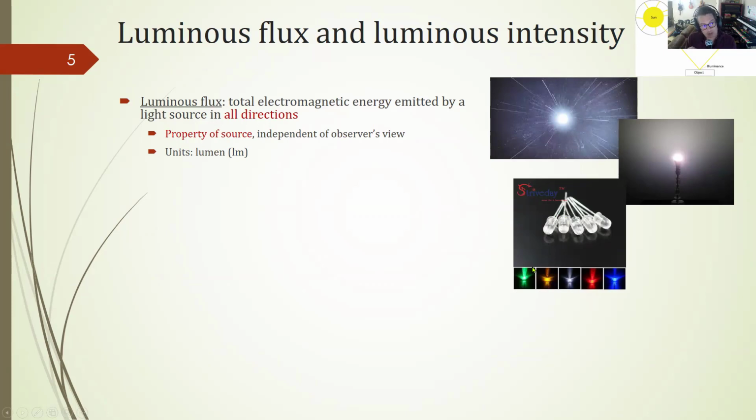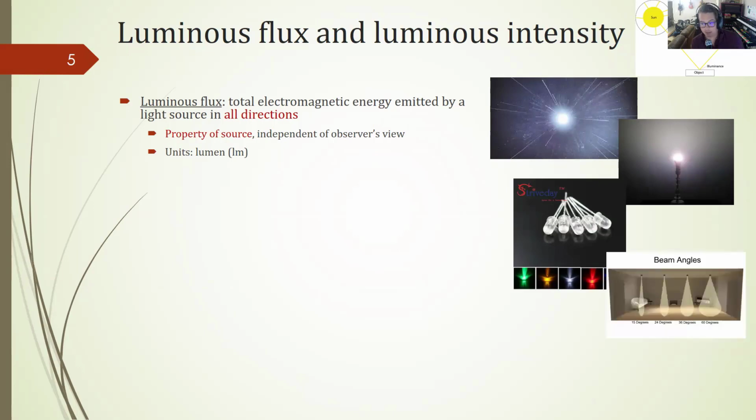So what I'm showing you here is basically the real world. We're pretty much always going to assume a sphere when we talk about things like luminous flux and luminous intensity, which is the next topic. We can have different beam angles for different light emitting sources. Now, total luminous flux. We'll talk about the quantity of the energy in terms of this unit, the lumen, abbreviated lm.